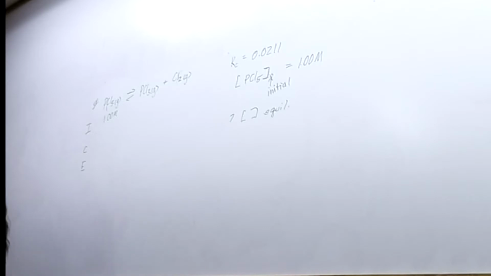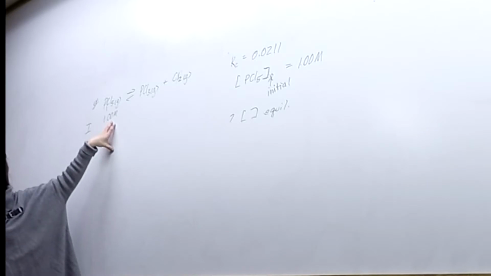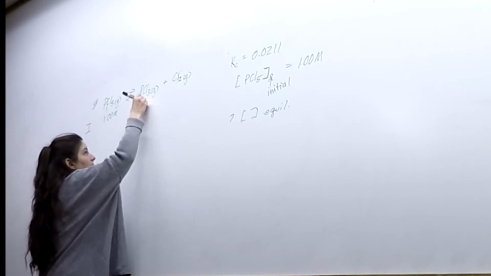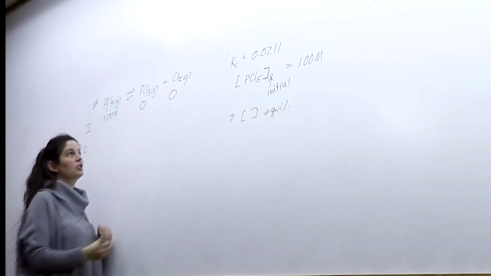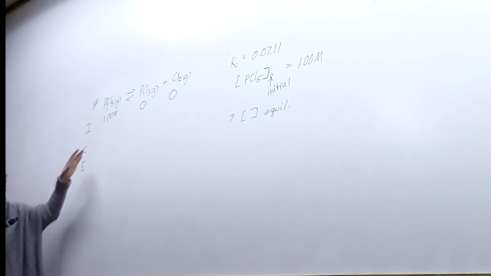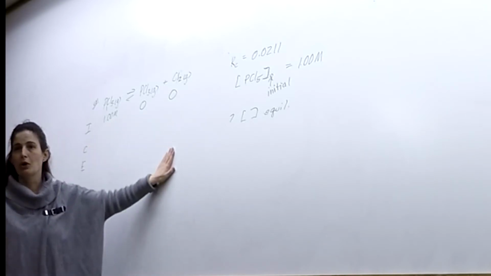Initial, change, equilibrium. All they gave us was the initial concentration of our reactant. That means, since it is not stated, the initial concentration of our two products is 0. So we start with only our reactant, and it is going to decompose into these as it goes towards equilibrium.